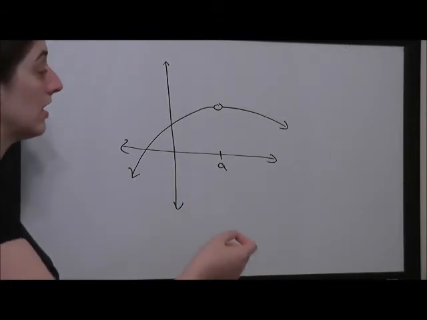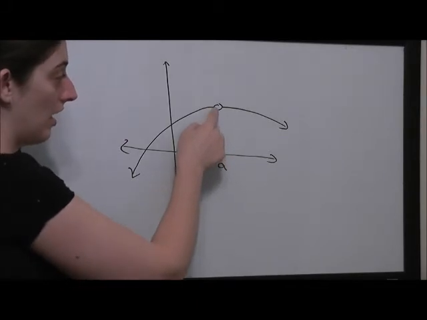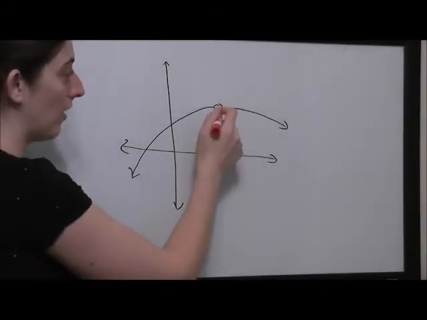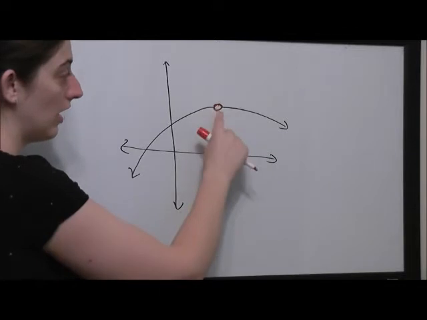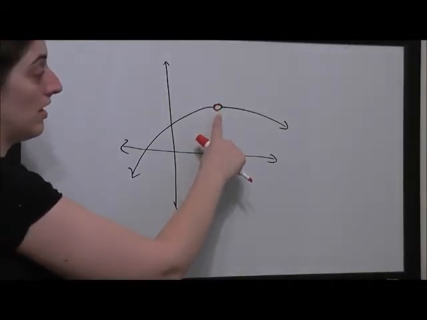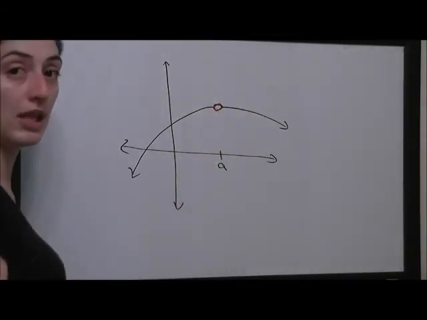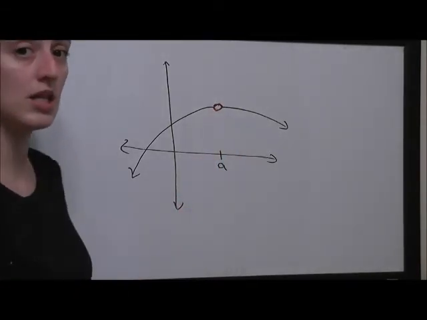The first is you need to have a point. So we're going to go up, and if we look here at A, it looks like there's actually a hole, that there's a point missing. So this, where there's no point, would be an example of something that's not continuous.